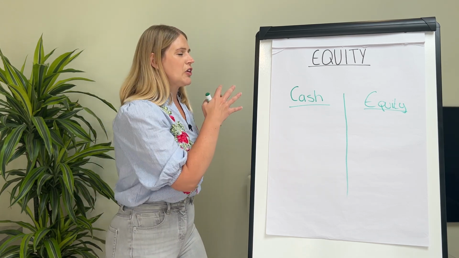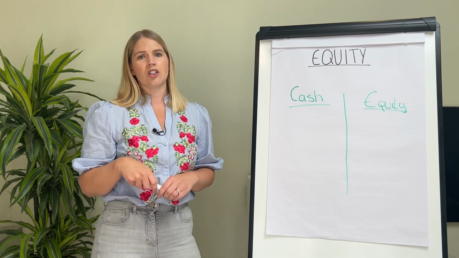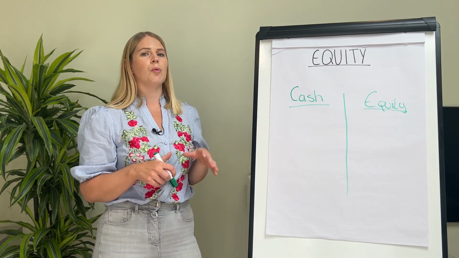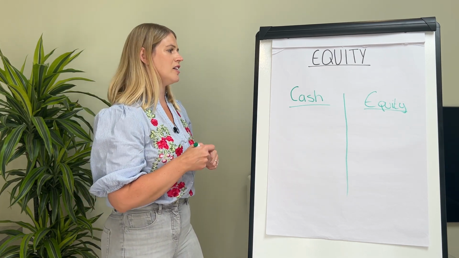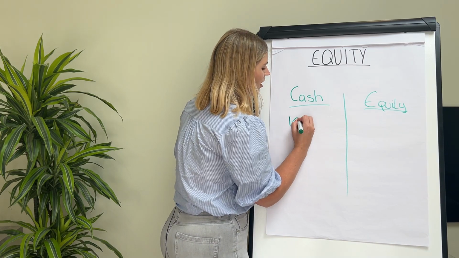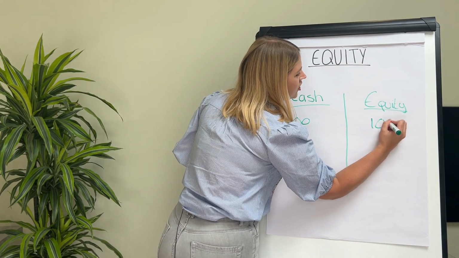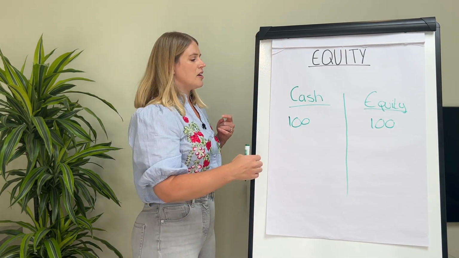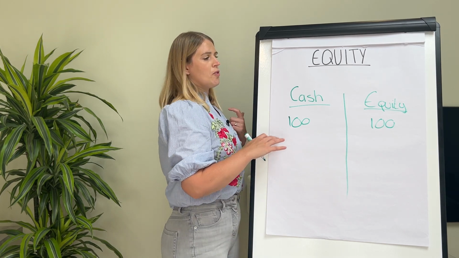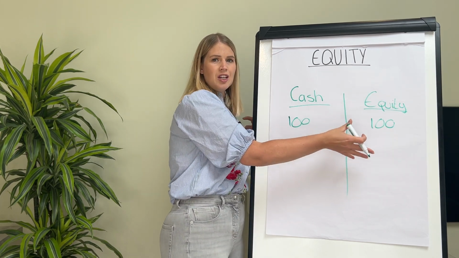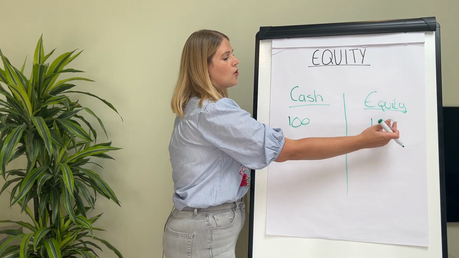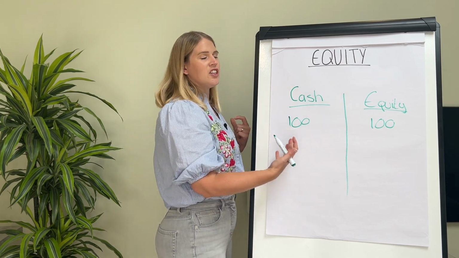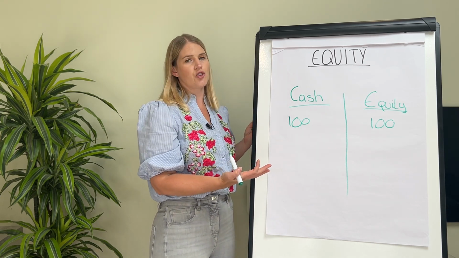So let me show you exactly what I mean with a real life example. What's most common with small businesses when they very first start is that their cash comes in from their customer and they pretty much make profit. So for all of the profit that you make, which is your equity, the profit is kept in your business. You've got 100k profit, let's say, and you tend to end up with somewhere around 100k cash in your bank.